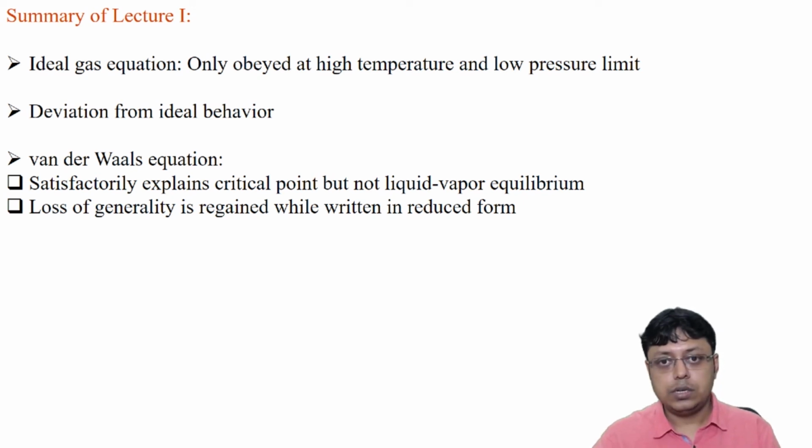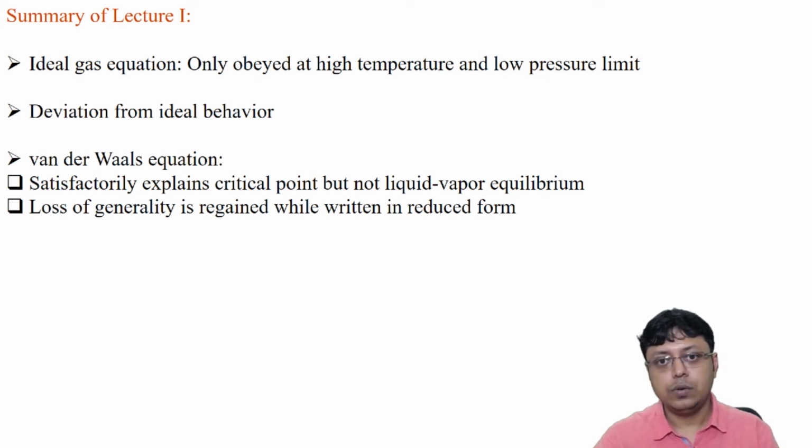We also wrote the van der Waals gas equation in a very compact form and said the generality which was lost in the original form, where A and B constants were included, is regained in its reduced form, which is more compact to use.